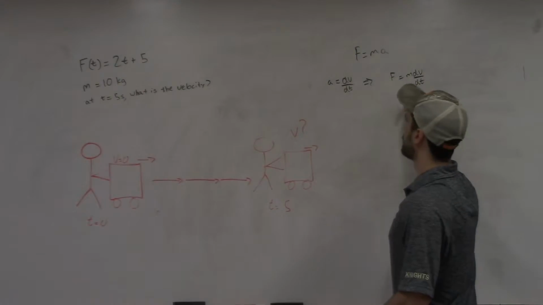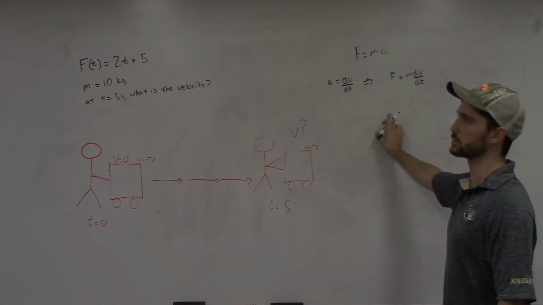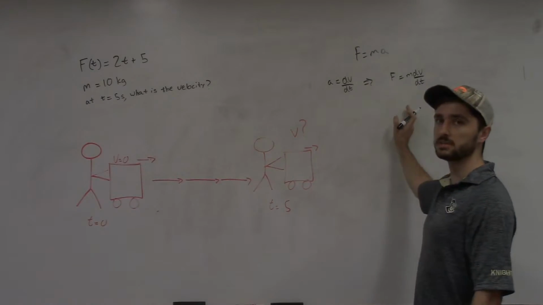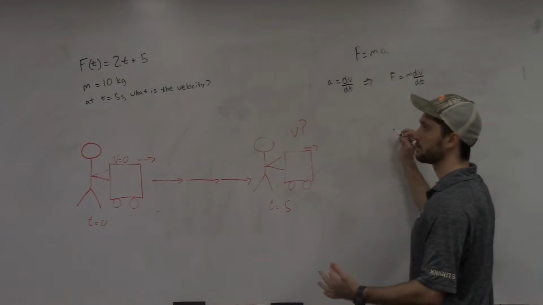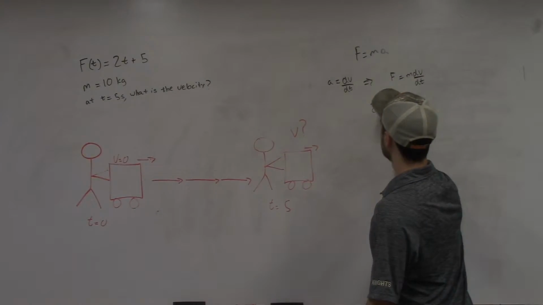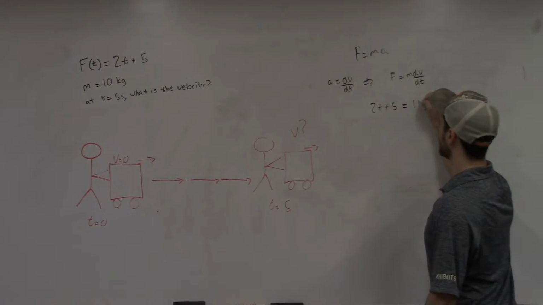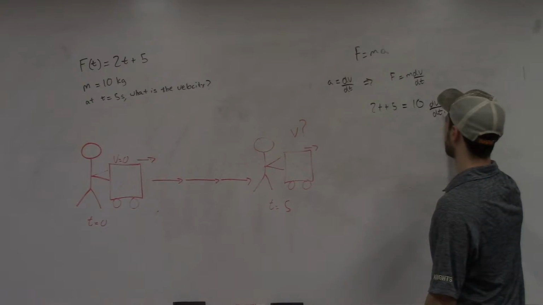So what I'm motivated to do is move this dt to the left side of the equation so that I can integrate over dt, and then I can integrate over dv on the right side and we can get an answer. So I'm going to just write out the numbers really quick and we'll see how that works. So this would be 2t + 5 = 10 dv/dt.